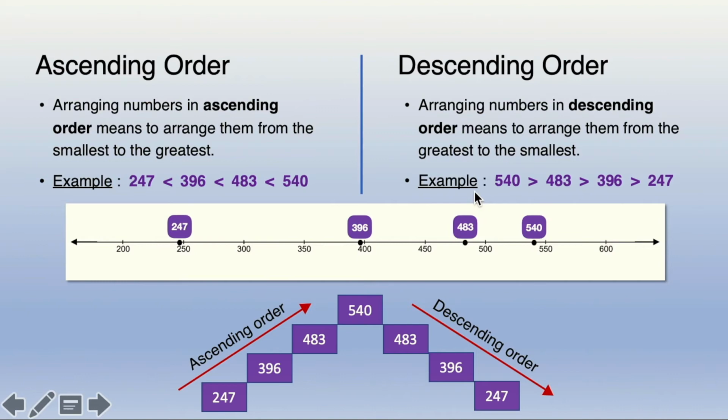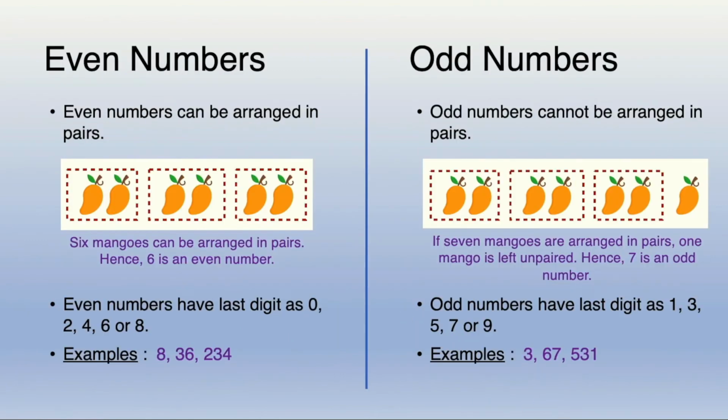First comes the number 540, then it is greater than the number 483, which is greater than the number 396, which is greater than the number with the least value, that is 247. And this is the descending order of the four numbers, that is, the numbers are decreasing in their values.